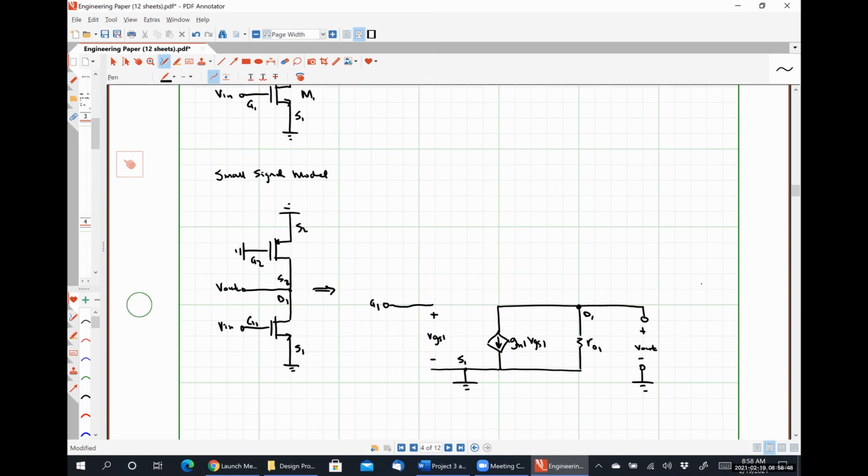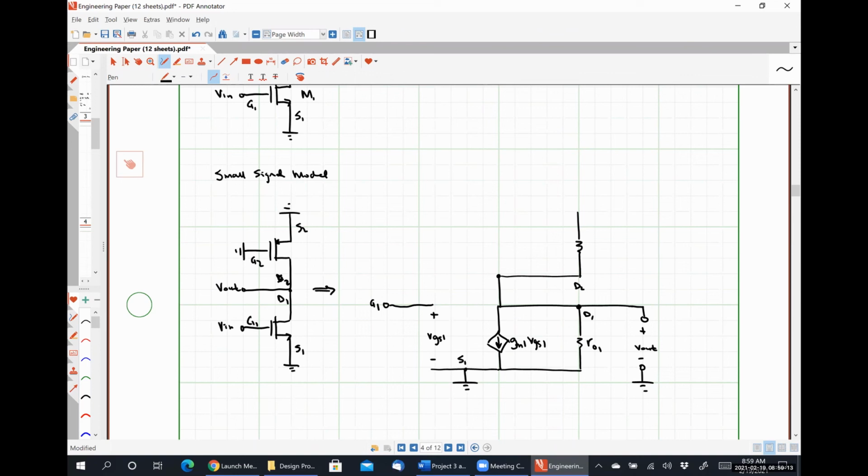All right, for our PMOS transistor, I can see that the drain of my PMOS transistor, right here, is connected to the drain of my NMOS transistor. So this node is going to be V2.